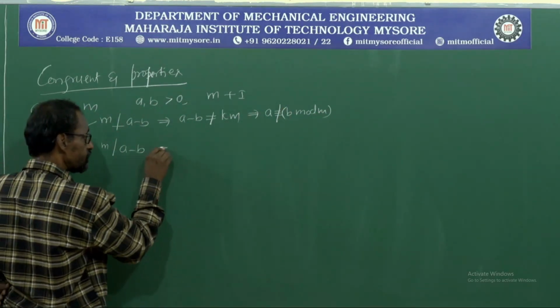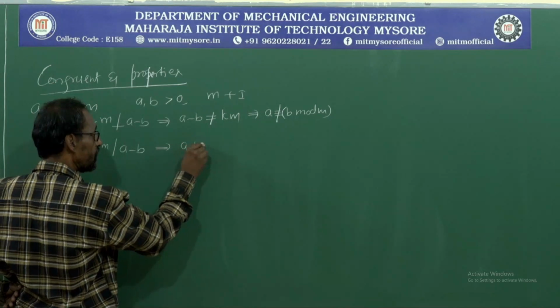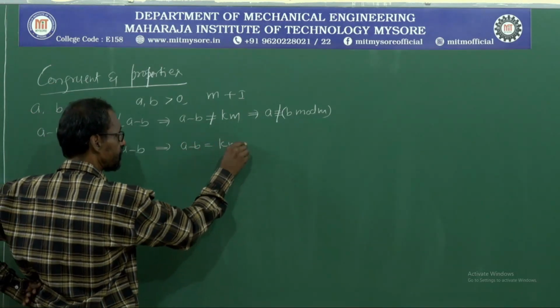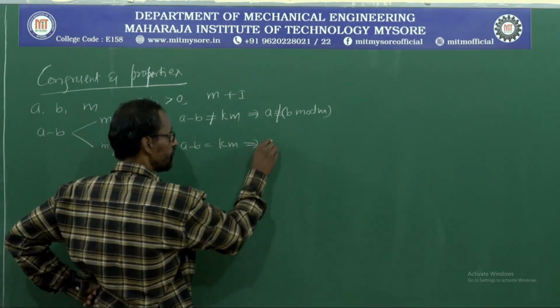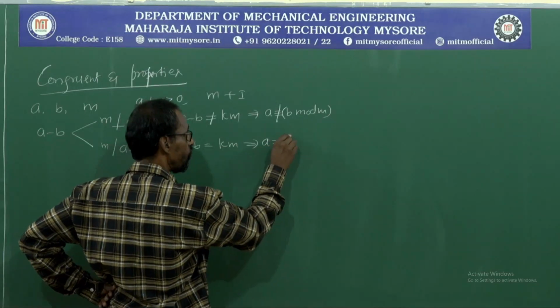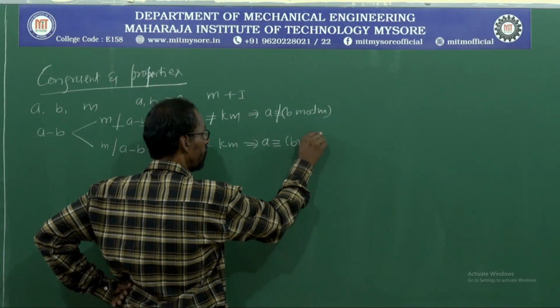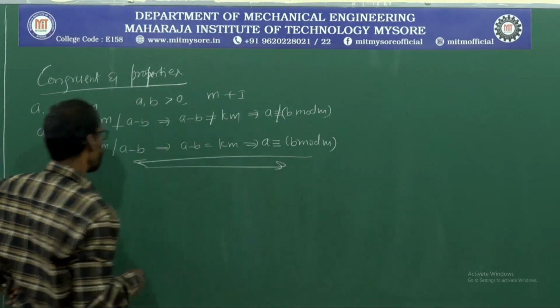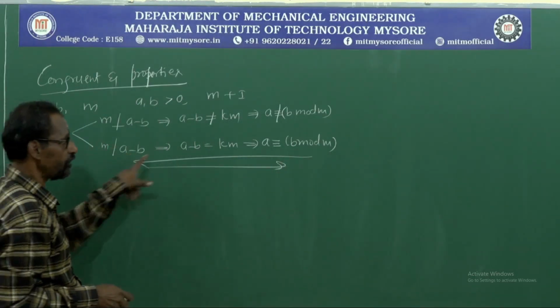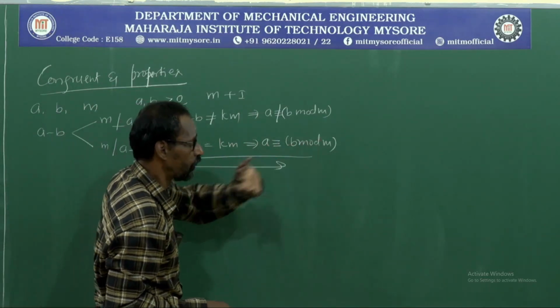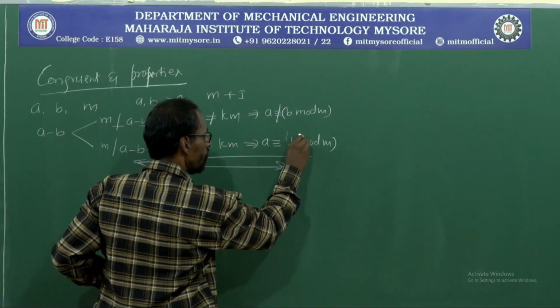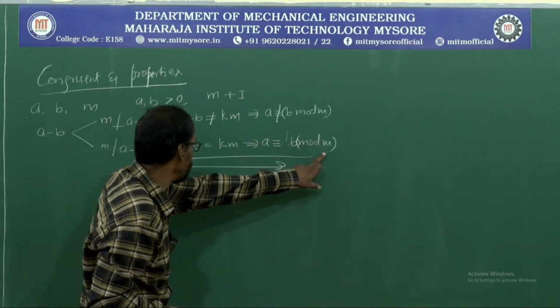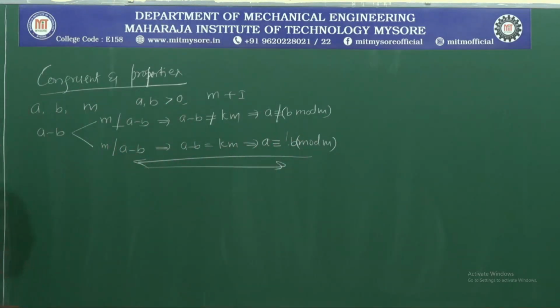In the other case, a minus b can be expressed as k times m, which implies a is congruent to b mod m. So understand it both ways. When m divides a minus b, we can write a congruent to b modulo m. When a is congruent to b modulo m, we can say m divides a minus b.